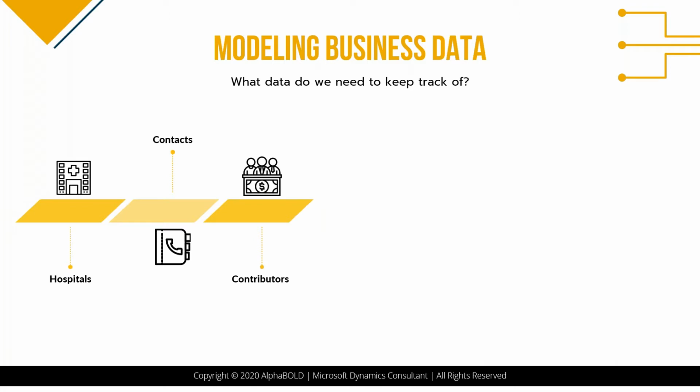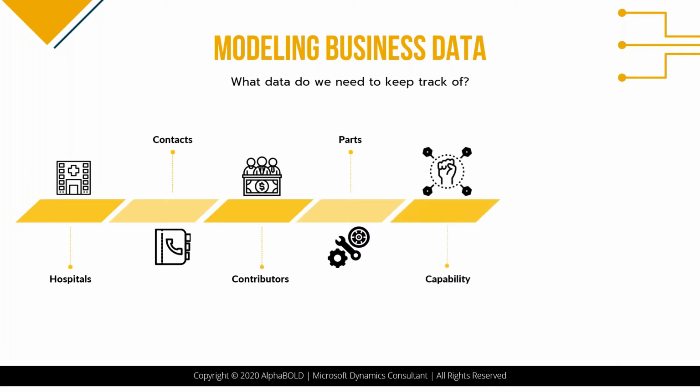Who are our contributors? Who are the people and organizations who are going to print and provide these parts? What parts are we printing? What parts are available? What kind of parts can hospitals request? Capability. So we have our contributors, we have our parts, but which contributors are able to create which parts? So we need to determine and store who can print what.